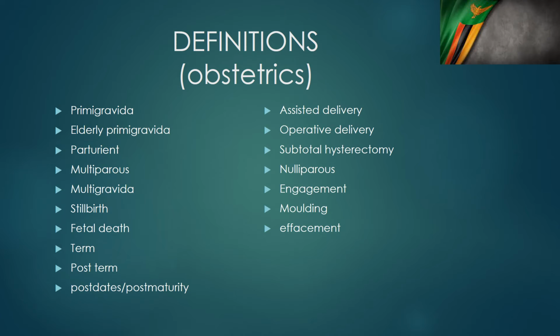The only thing that would be different is when you say post-maturity. When you say post-maturity, what you are saying is that you have seen pathological features in a baby that are suggesting that the baby has been in the uterus for a long time, that the baby is really post-term.